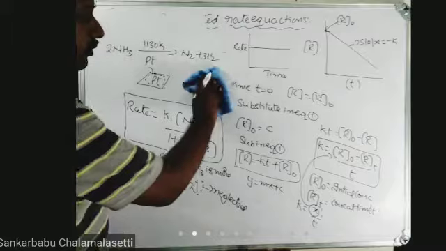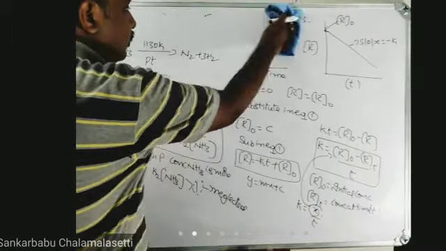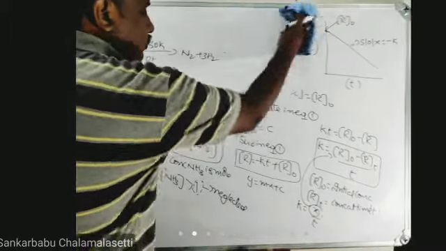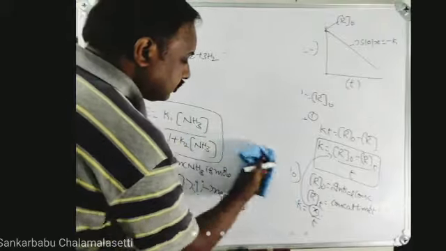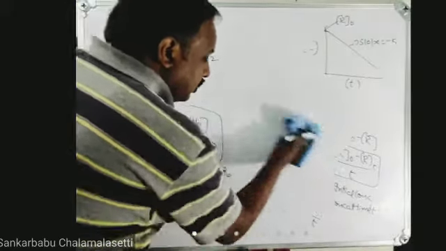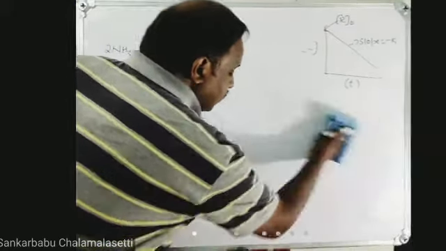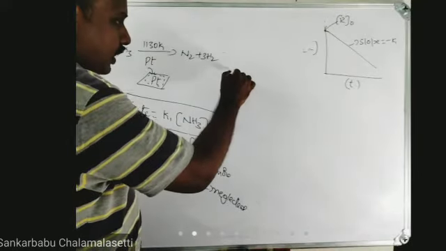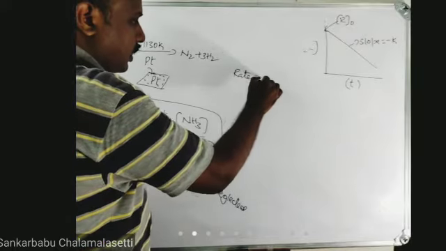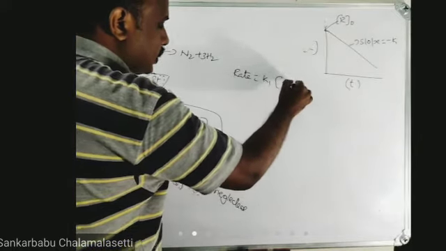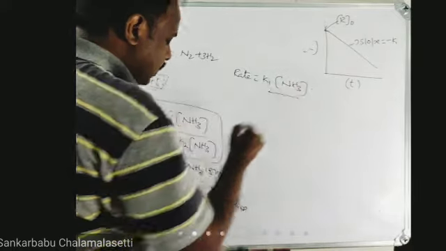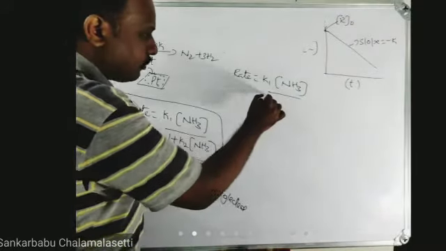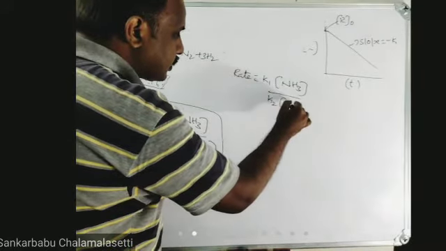Then this rate equation changes to rate is equal to K1 into concentration of NH3 divided by K2 into concentration of NH3.